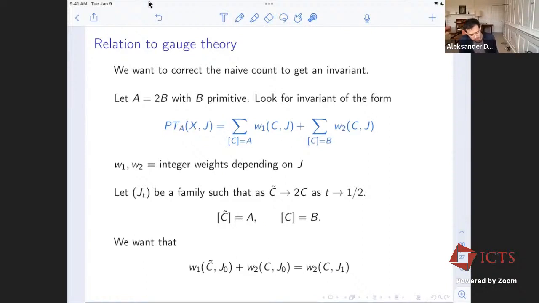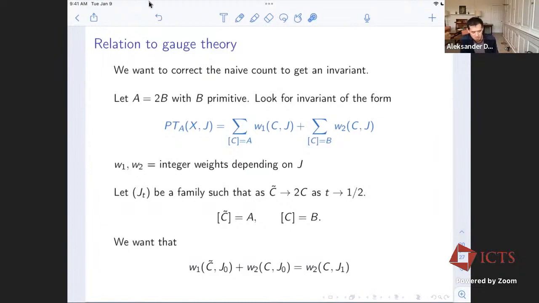Let's fix A, and let's look at the generic almost complex structure J on my symplectic 6-manifold X. Now I want to have one term, which is the count of embedded curves in the homology class A, possibly with some weights depending on J. And I want to have another sum, which is the count of embedded curves in the homology class A divided by 2, which is B, possibly with some other weights depending on J.